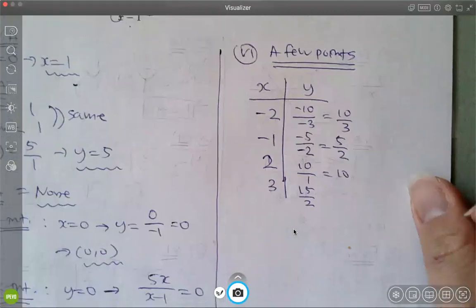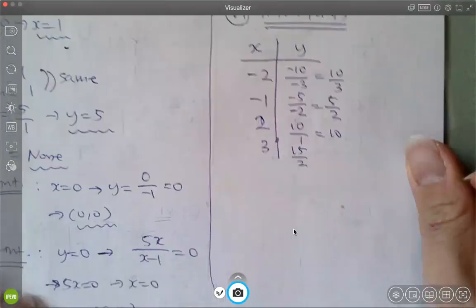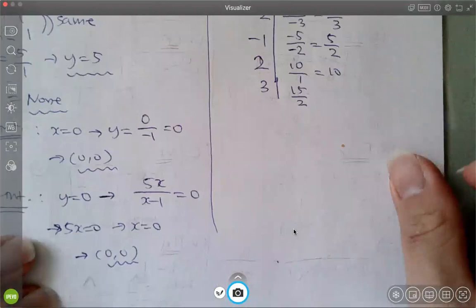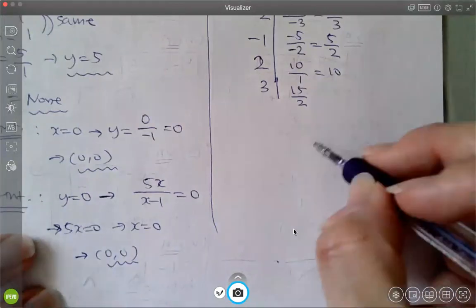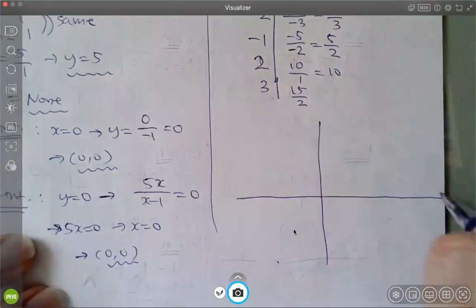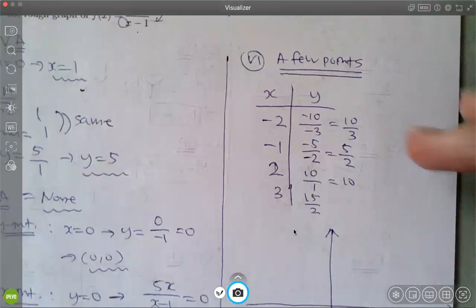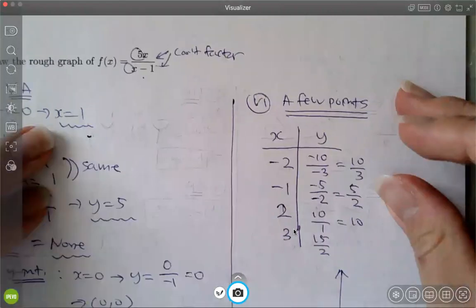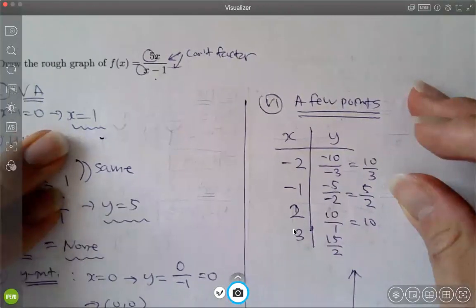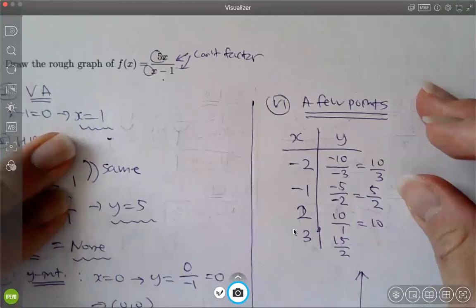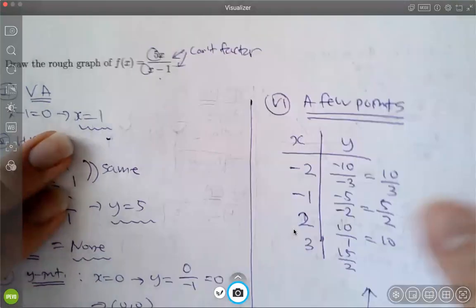Okay, so now let's sketch the graph. First, it has a vertical asymptote at x equals 1. And remember, vertical asymptote means what? The graph blows up or falls down, right, around this line. And it has x equals 1, so where is it?